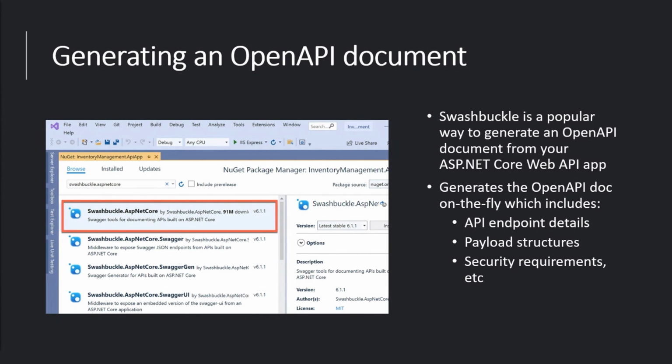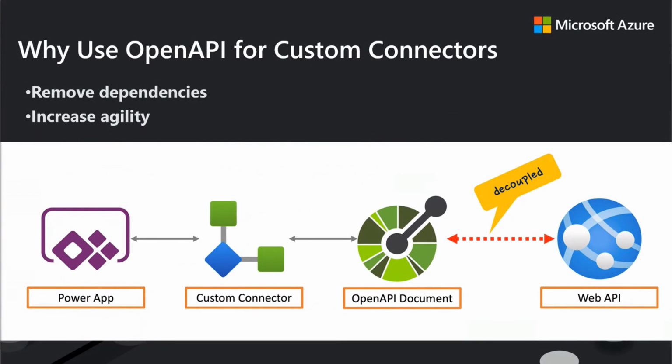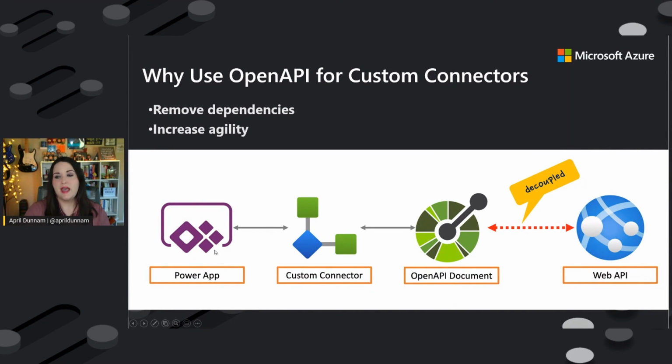So why use these OpenAPI documents and OpenAPI for custom connectors? Well, it removes dependencies and it increases agility. So it kind of decouples everything. How it would look on the back end, you have your Power App, you have the custom connector, which is what the Power App uses to talk to the service. That custom connector talks to your OpenAPI document, which is decoupled from your web API itself.